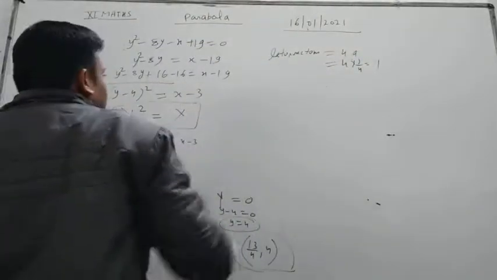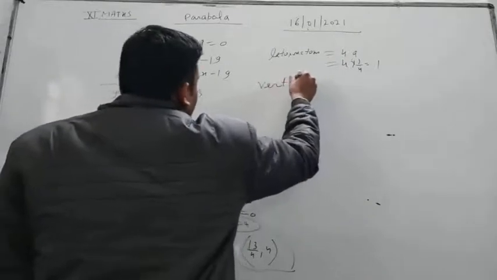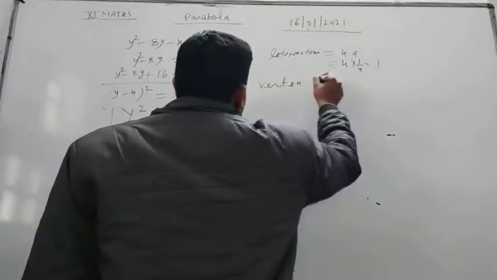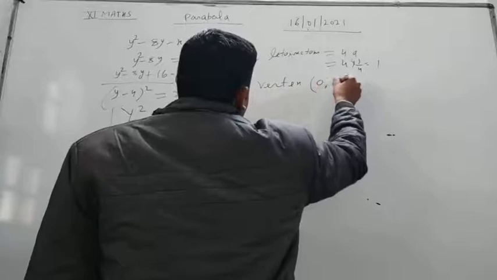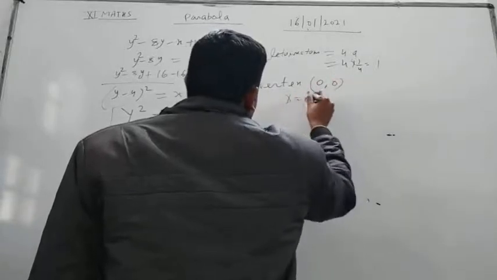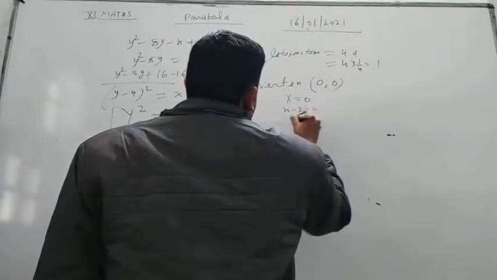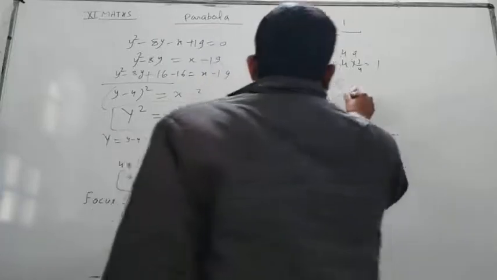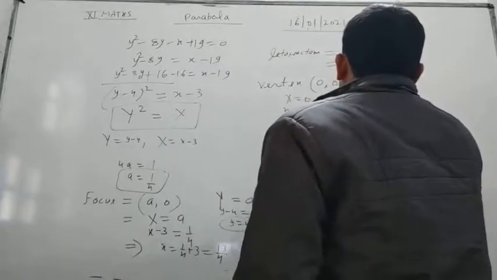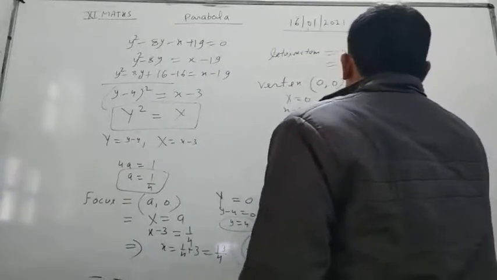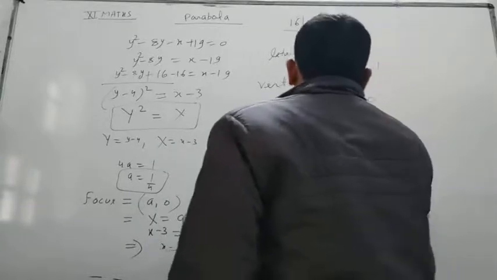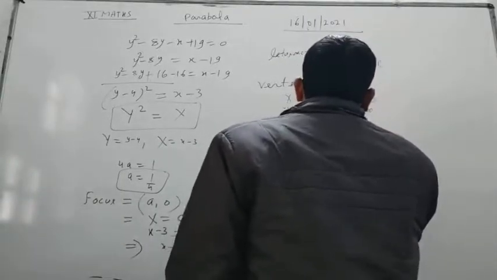And next is, student, our vertex. Our vertex will be, student, (0, 0). So our capital X is 0, so x minus 3 is 0, so x is 3, and capital Y is 0, so y minus 4 is 0, so y is 4, so vertex will be equal to (3, 4).